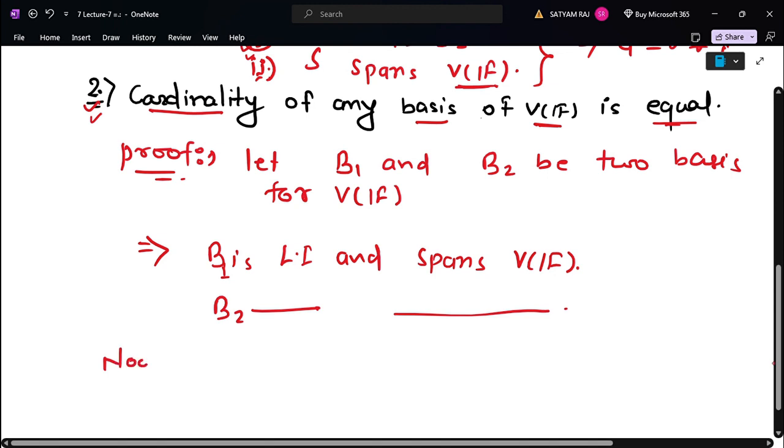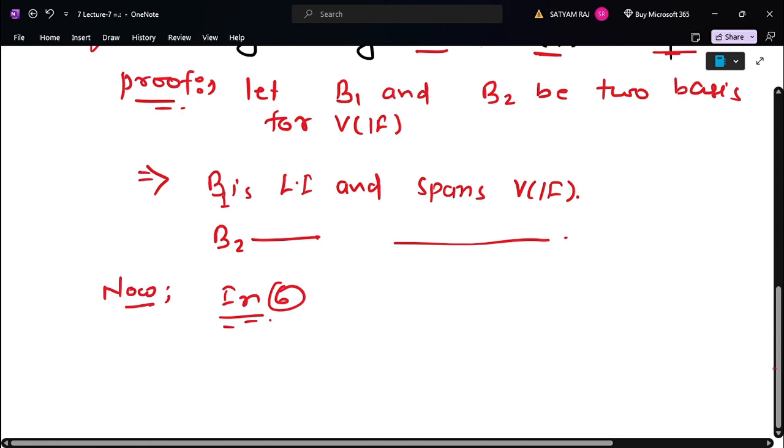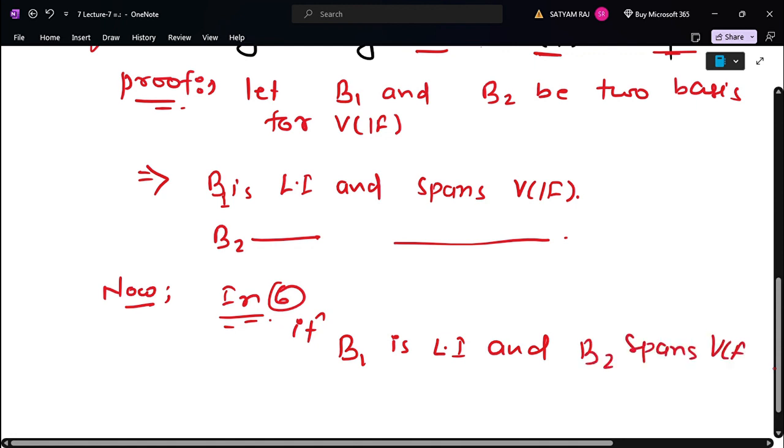Now, in lecture 6, you can visit if you haven't visited until now, we have proved that if B1 is linearly independent and B2 spans the whole vector space, this will imply the cardinality of B1 is less than or equal to the cardinality of B2.